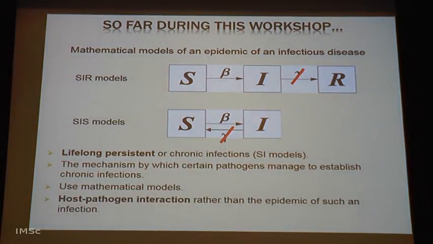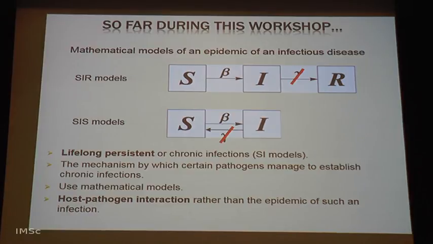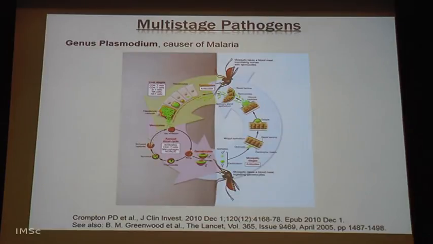And as I said, I will concentrate on this host pathogen interaction and the mechanisms behind that interaction rather than talking about how such a chronic infection might spread in a population.